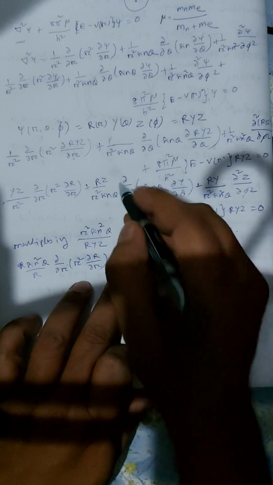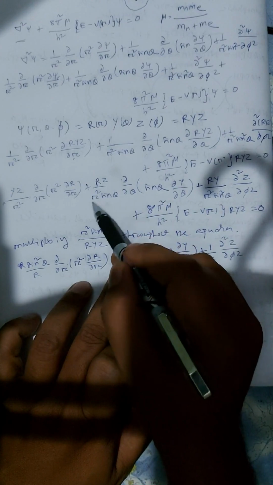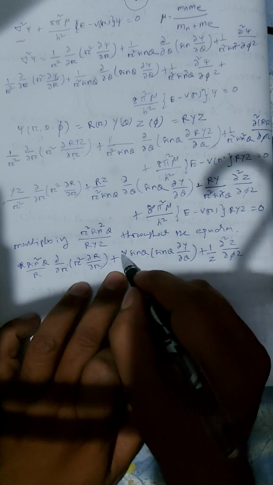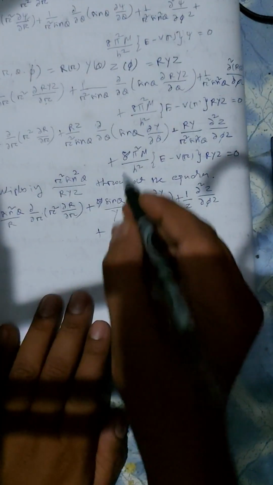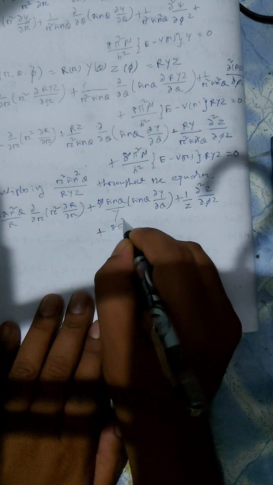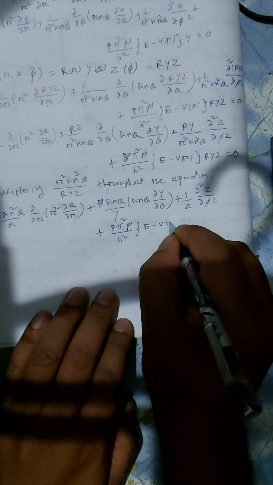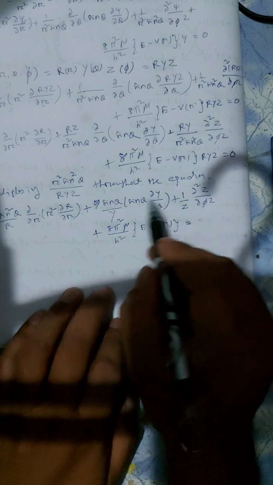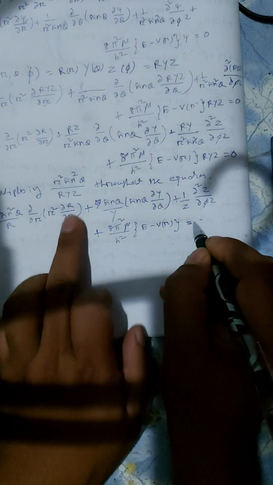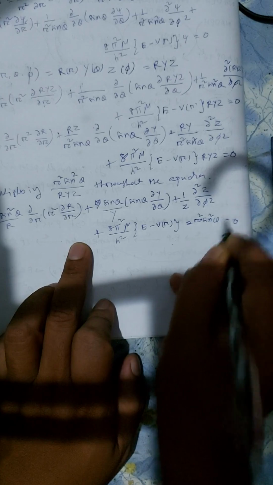In this case also, if you divide r square sin square theta, sin theta is remaining, r square cancel, R and Z cancel, one is Y, here is Z. Similarly, for the term 8π²μ/h² whole bracket (E minus V(r)) multiplied by RYZ, RYZ in the denominator cancels, leaving r square sin square theta, which is equal to 0.